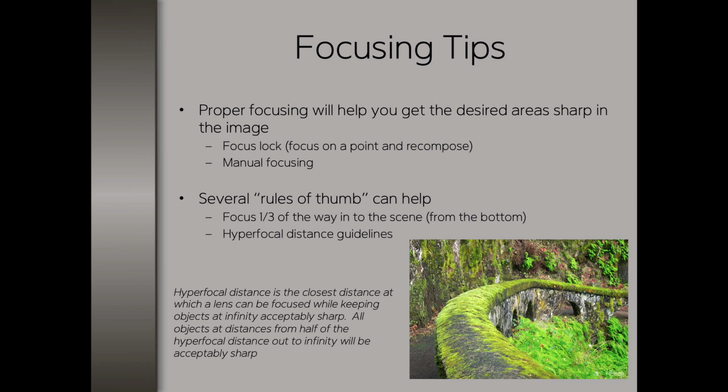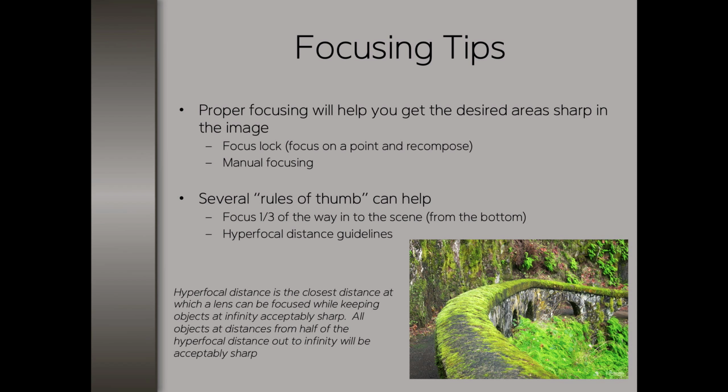So it's acceptably sharp. The rule of hyperfocal distance reads that all objects at distances from half of the hyperfocal distance out to infinity will be acceptably sharp. So what that means is that if my hyperfocal distance, based upon the aperture setting and the length of my lens, was, let's just say, 6 feet, that's what the calculation came out to be.